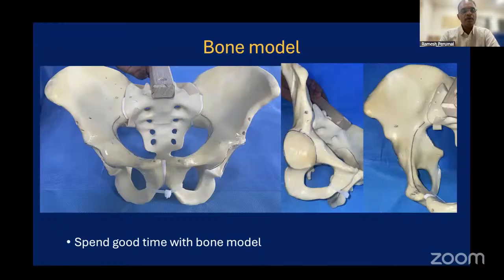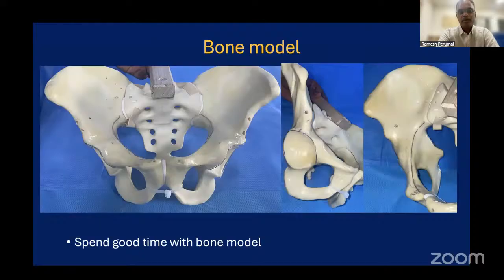In the pelvic model, you can see the acetabulum has the anterior wall, the anterior column, the posterior wall and the posterior column. It is very essential to spend good time with a bone model, so you can see all the landmarks by vision, and then look into the radiology.